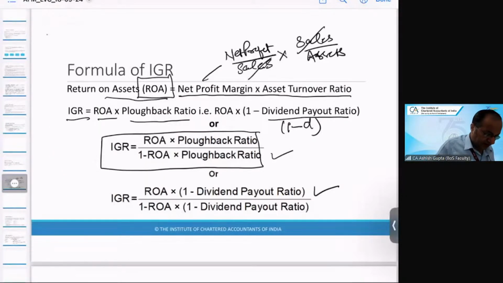I think you may be asking for this. This is the formula. Net IGR. Priyanka, beta, it is not IRR. It is internal growth rate, IGR. It is not IRR, beta. This is the formula for IGR.